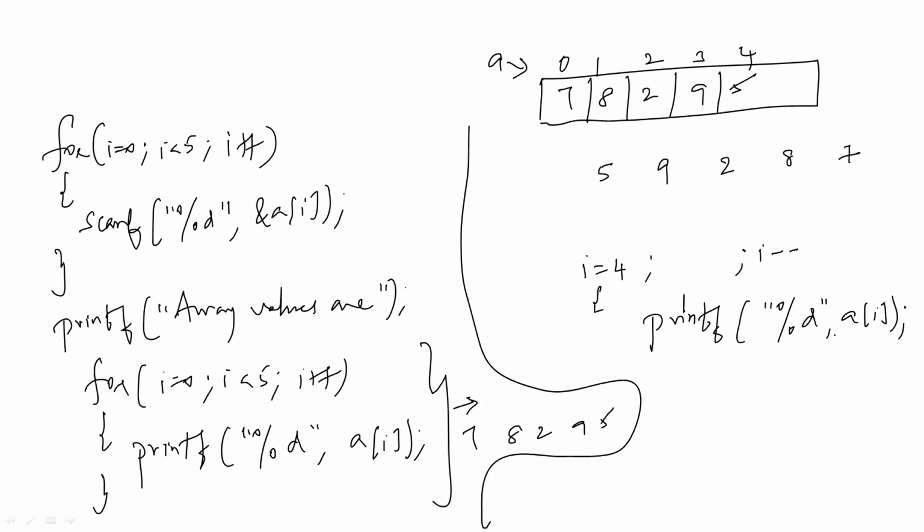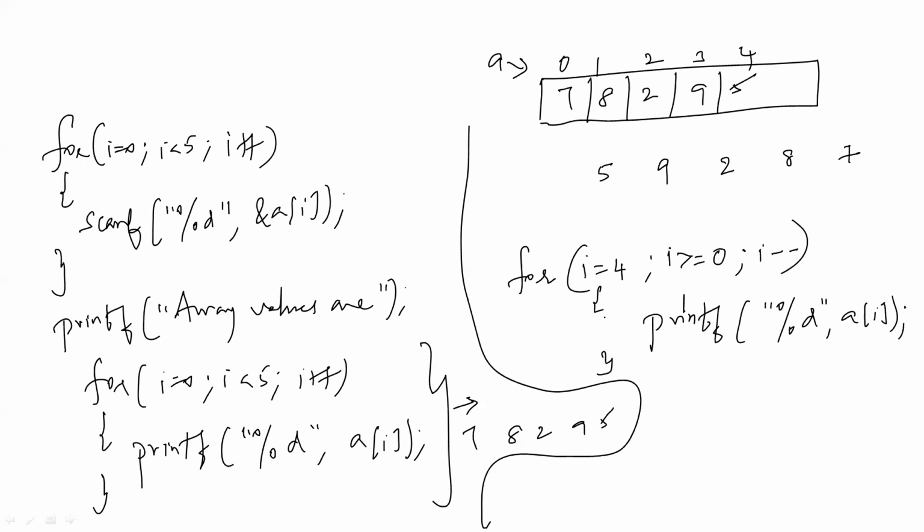So now what will happen? How will I become 3? When I say I minus minus, I is going to become 3. So A of 3. Then I should become 2. I minus minus A of 2. I minus minus A of 1. I minus minus A of 0. Then when I minus minus is performed once again, I will become minus 1. Means my process should be repeated till the value of I is either greater than 0 or equal to 0.